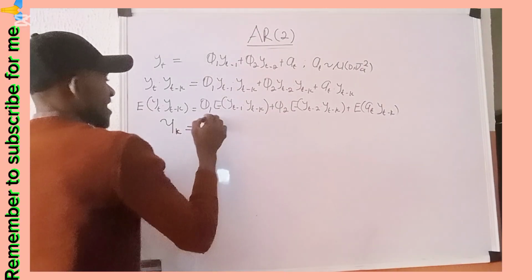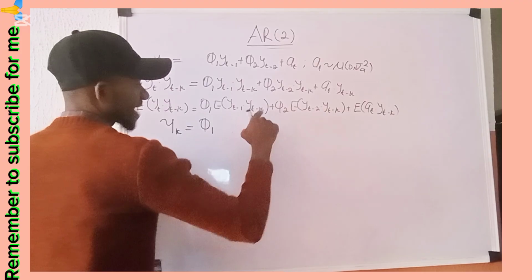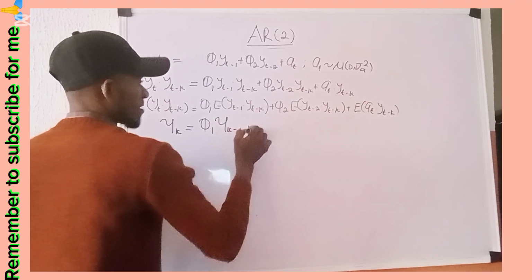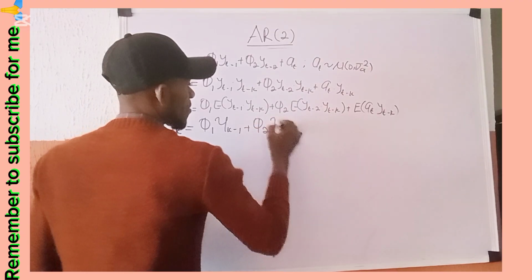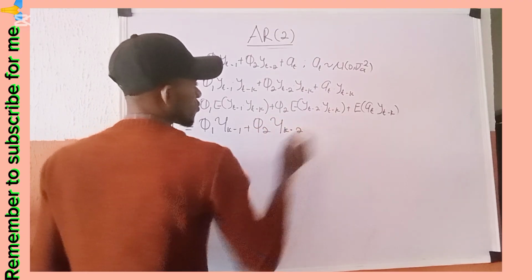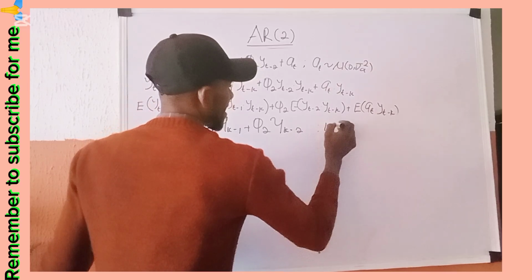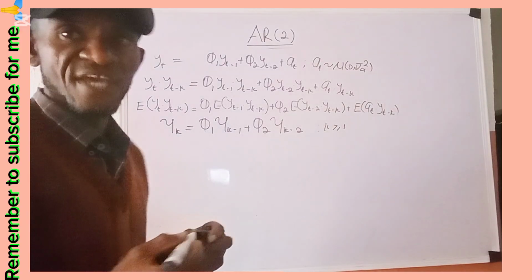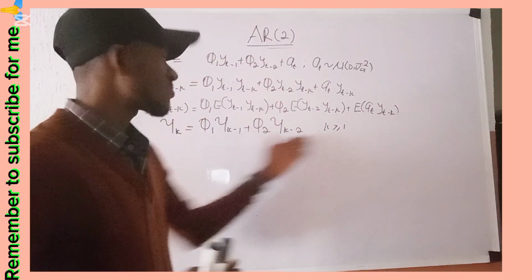This is equal to phi 1 times the autocovariance at lag k minus 1, so gamma k minus 1, plus phi 2 times gamma k minus 2. So this is for k greater than or equal to 1.